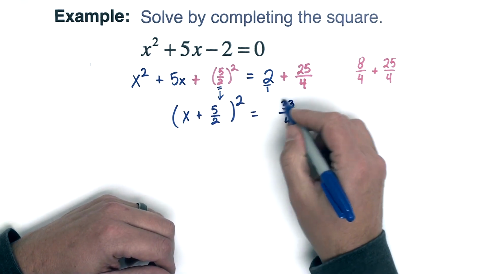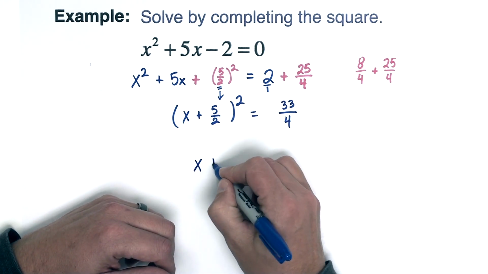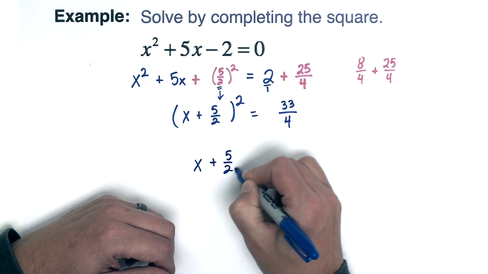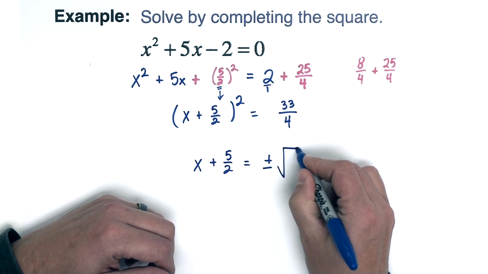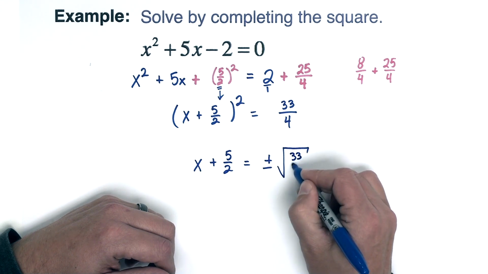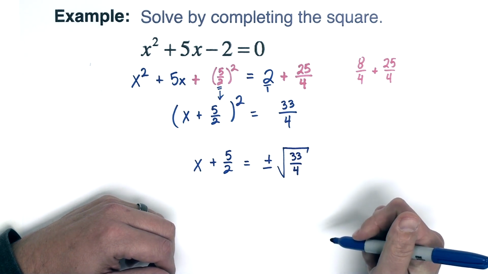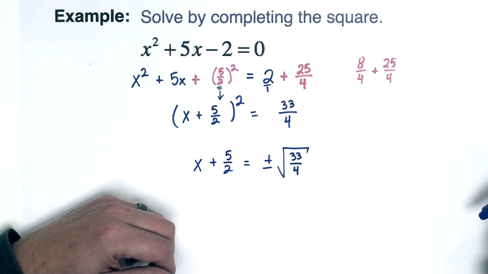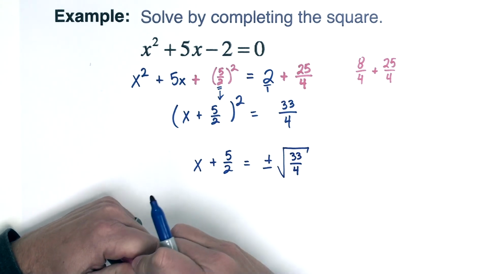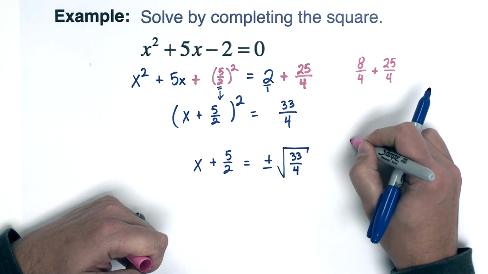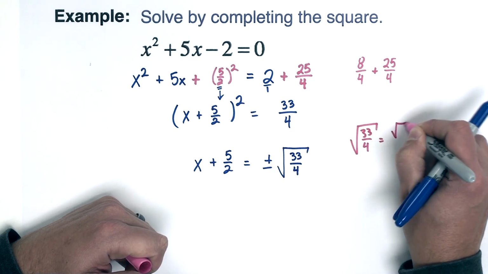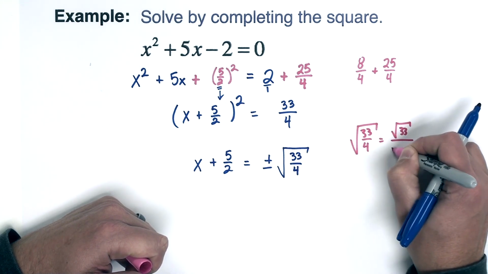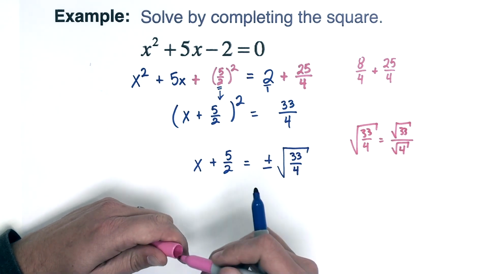Now I can take the square root of both sides, so I get x plus 5 halves equals plus or minus, and I've got the square root of 33 fourths. So let's talk about that square root. That square root of 33 fourths is the same as the square root of 33 over the square root of 4.